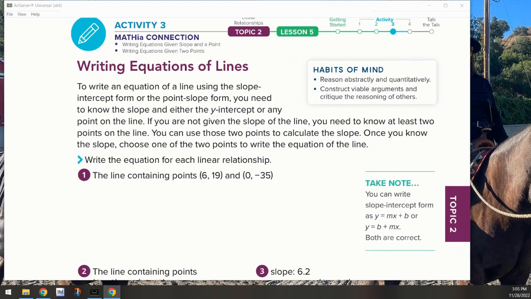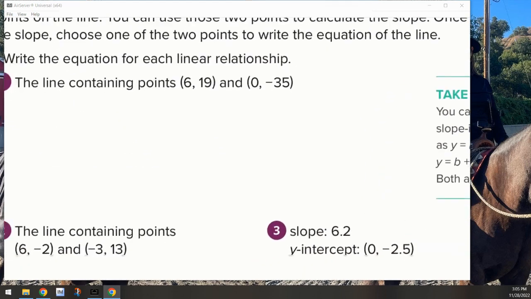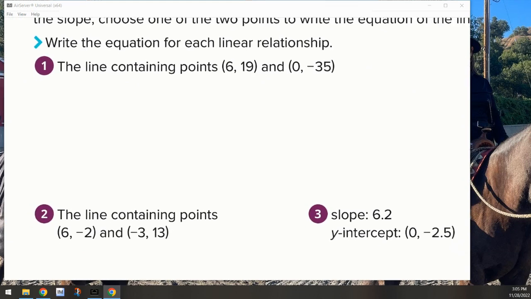Okay, it's basically what we just did. First things first, you have to find the slope. So what m equals. I start off, I subtract. I'm going to change the color just so that you can see it. So I'm going to take negative 35 and I'm going to subtract 19. I took these two numbers and I subtracted them.